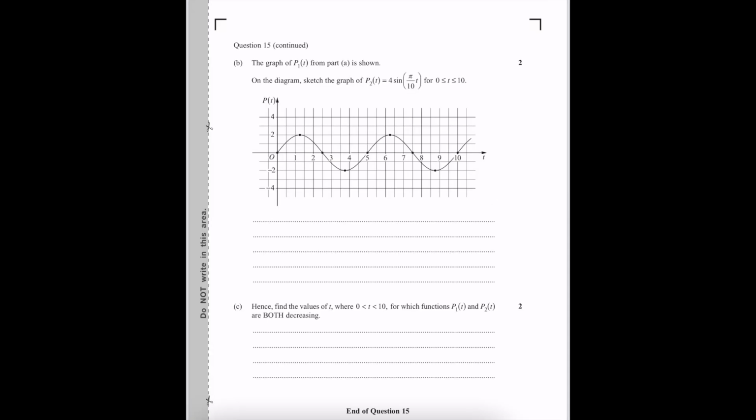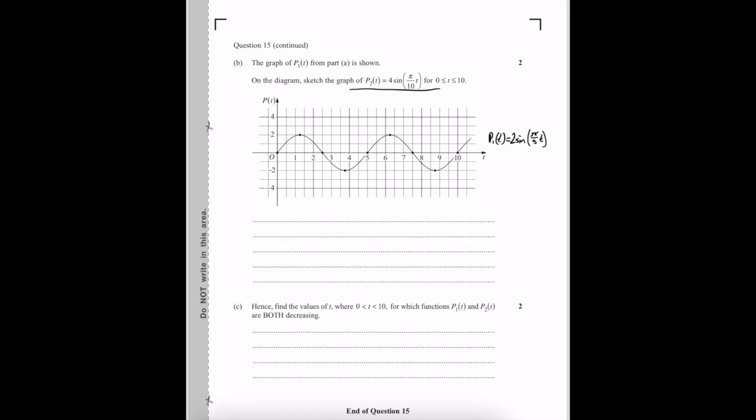Question 15, part B, says the graph of p1(t) from part A is shown. So this graph here is, let's just rewrite it, p1(t) is equal to 2 sine 2 pi on 5 t. And the question is asking for us to sketch the equation of this line, p2(t) rather, so that is 4 sine pi on 10 t for 0 to 10.